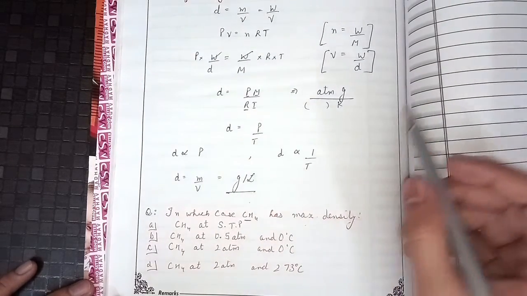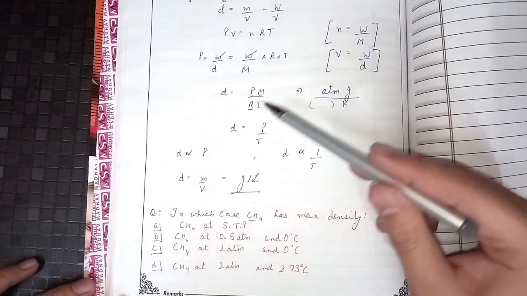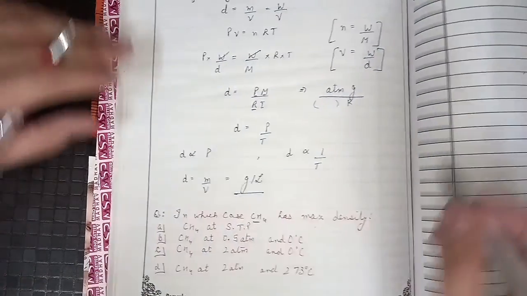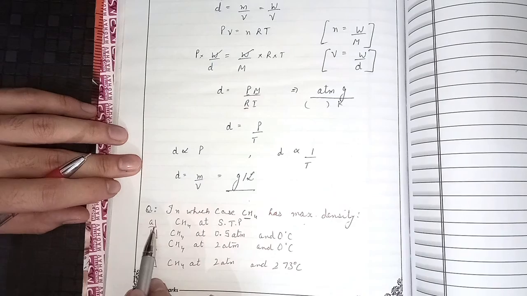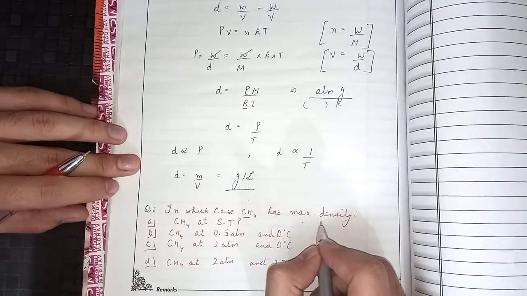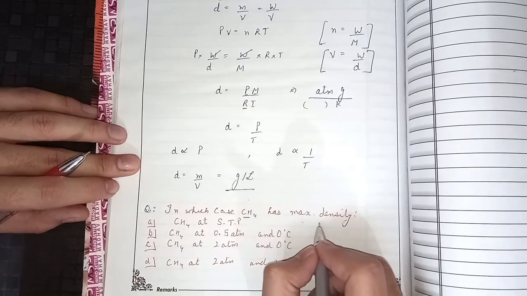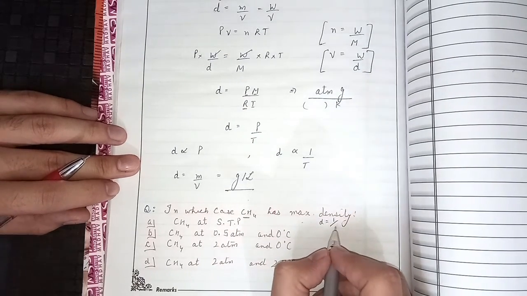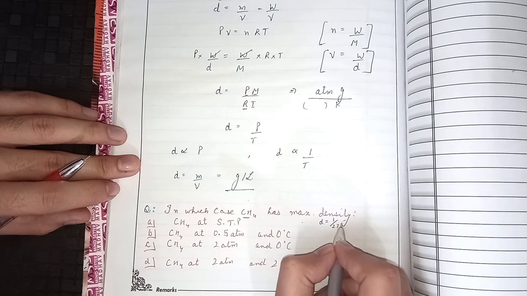As above we have seen that density is proportional to pressure over temperature. So we will check for each case. In case A, there is STP, and in a previous lecture we discussed that at STP the pressure is 1 atmosphere and temperature is 0 degree Celsius, meaning 273 Kelvin.